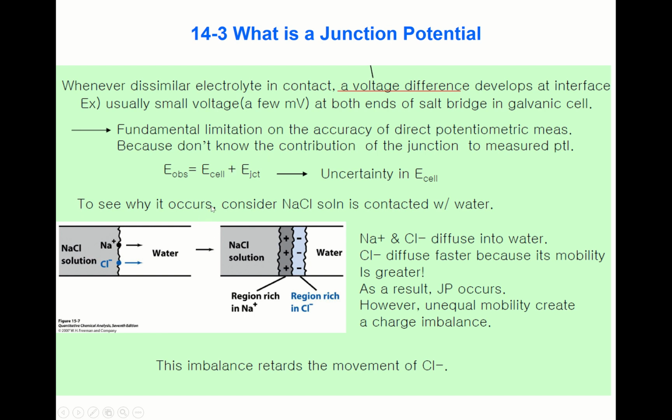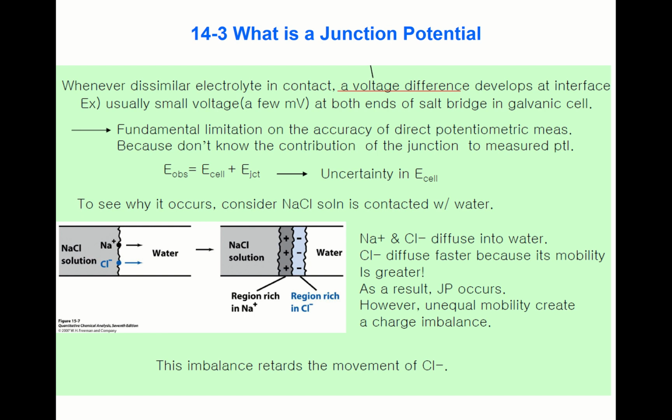But here is the good news. In most cases, the junction potentials are small. How small? A few millivolts at both ends of a salt bridge in a galvanic cell. So in most cases we can ignore it. Also, we know how to minimize junction potential. As long as we are sure that junction potential is minimized and doesn't change, everything will be okay.